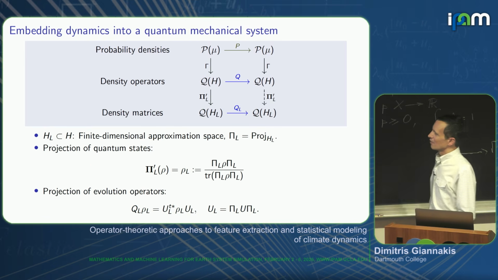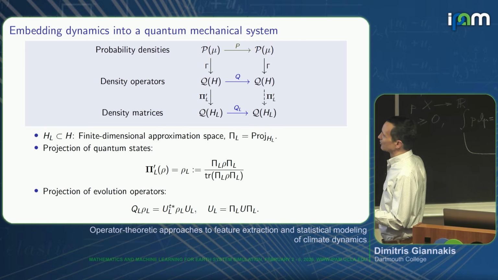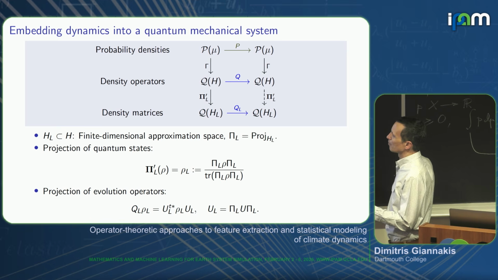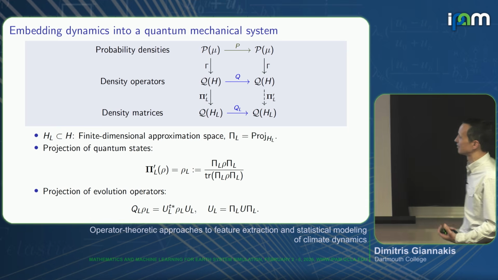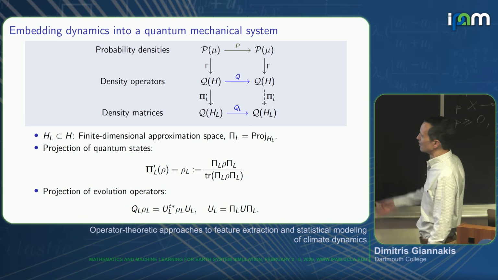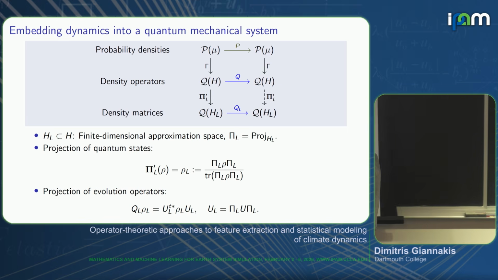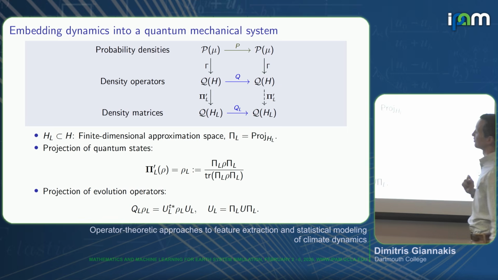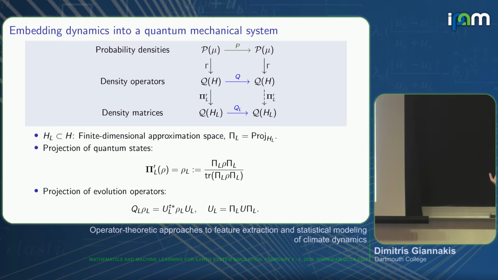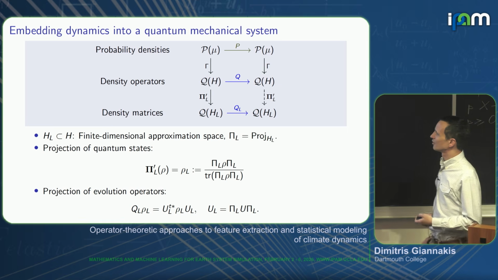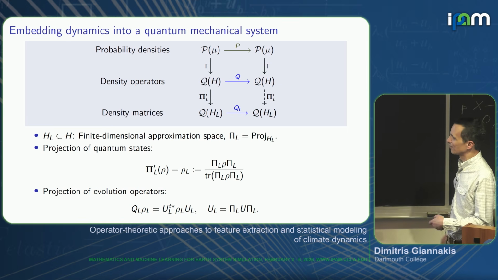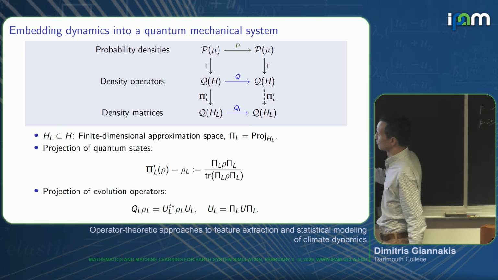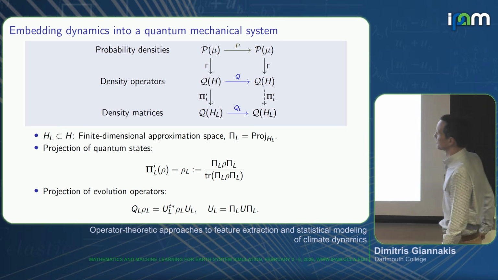What we've done so far is effectively create a copy of our system in a much larger space of density operators on a Hilbert space. But when we do numerical computations, we're working with finite dimensional approximations of the system, which are basically matrices. So we are encoding information about probabilities and observables. We do the same thing for operators, for quantum observables.